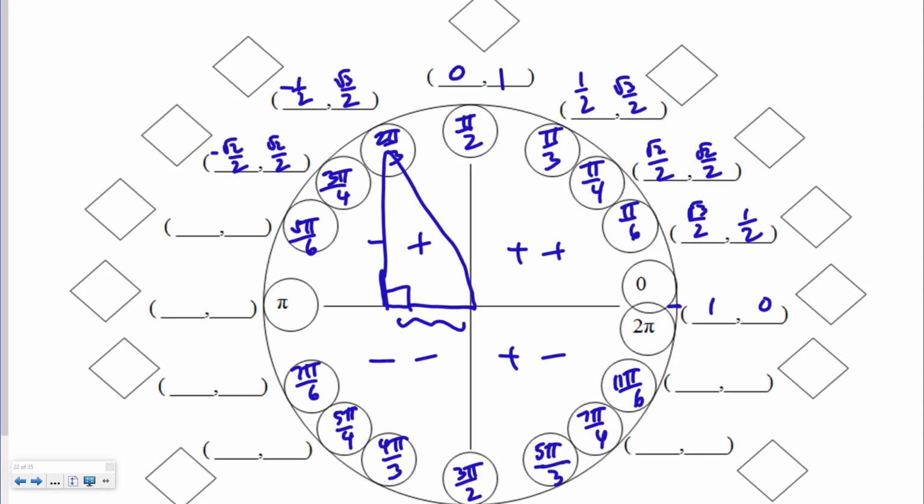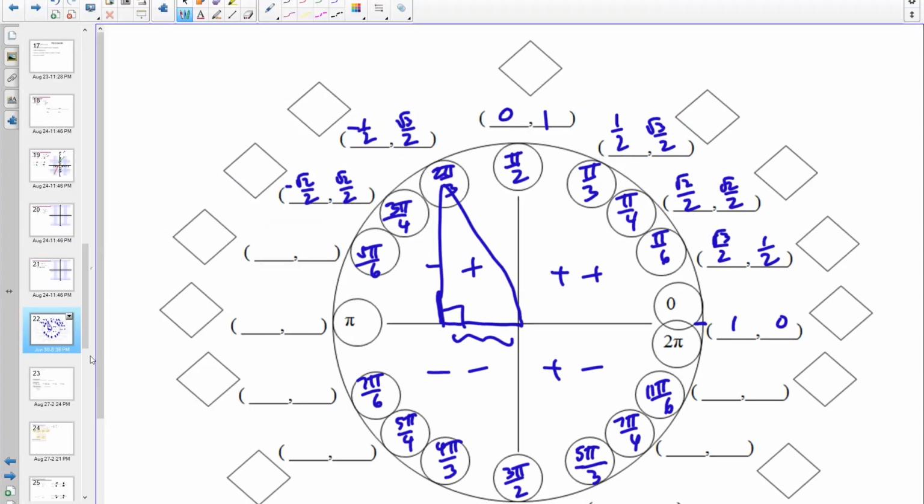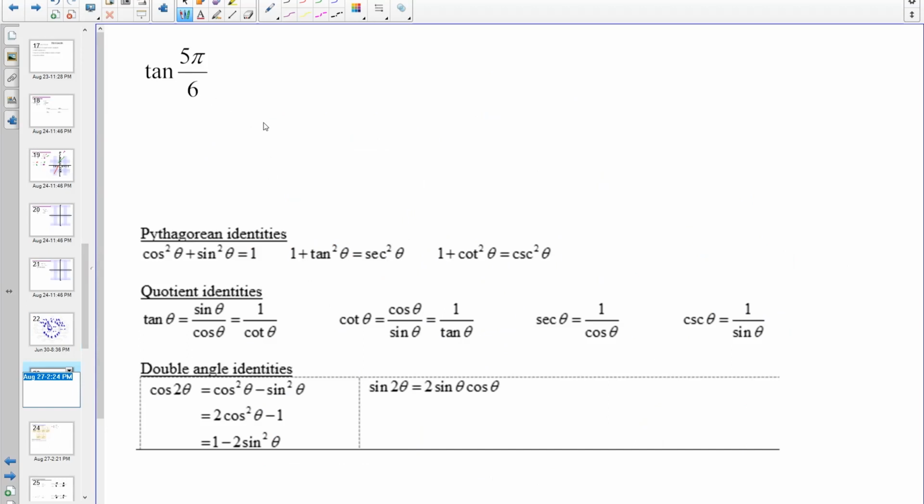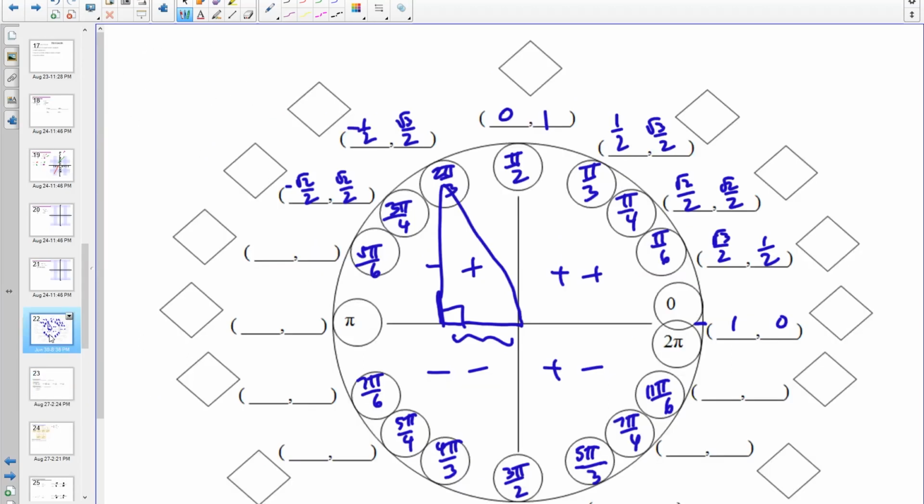So if you look at our notes, our first question is, I believe it's the tangent value of 5 pi over 6. So let's go find 5 pi over 6. 5 pi over 6 is right here. So the question is, what's the tangent value?